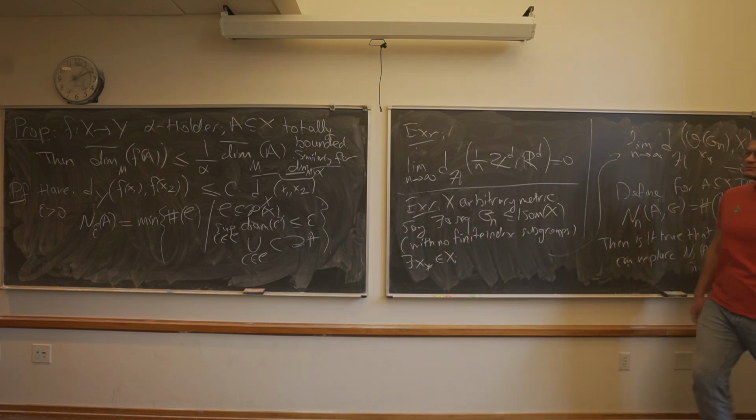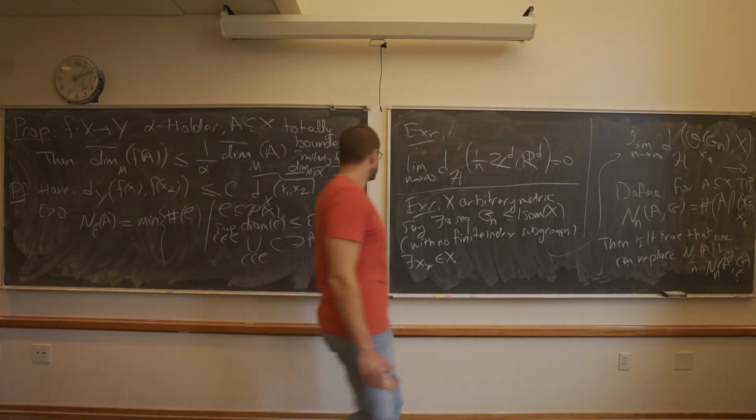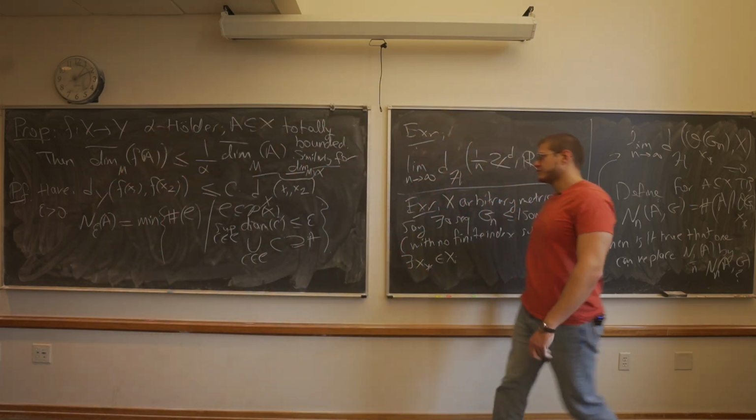And I know that that's a finite number because I took A to be totally bounded. I think this is correct.